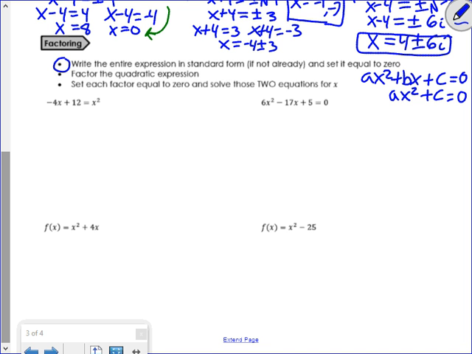What operation would get me to move it over? Subtraction. So if I subtract the x squared, then it becomes negative x squared minus 4x plus 12 equals 0. Now, is this in standard form set equal to 0? Yes, it is. So make sure that you've written it appropriately like this before you actually start factoring.